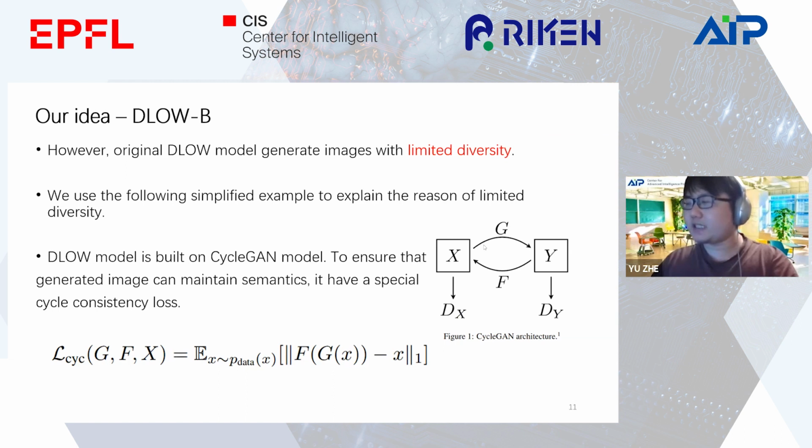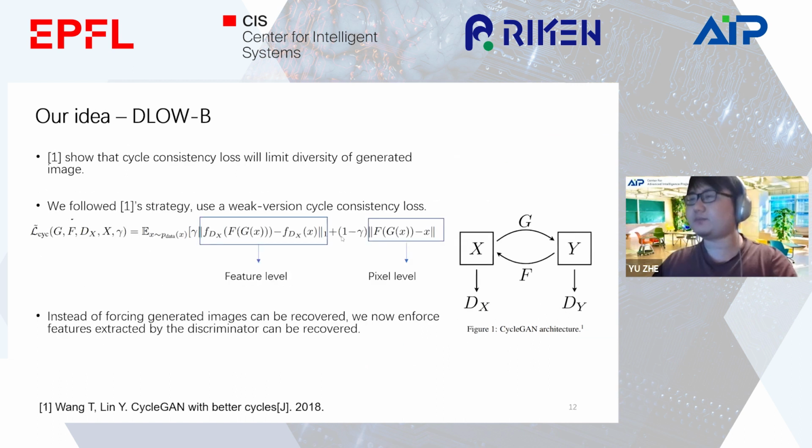If we can achieve this, we have maintained the semantics. However, paper one shows that the cycle consistent loss will limit the diversity of the generated images.